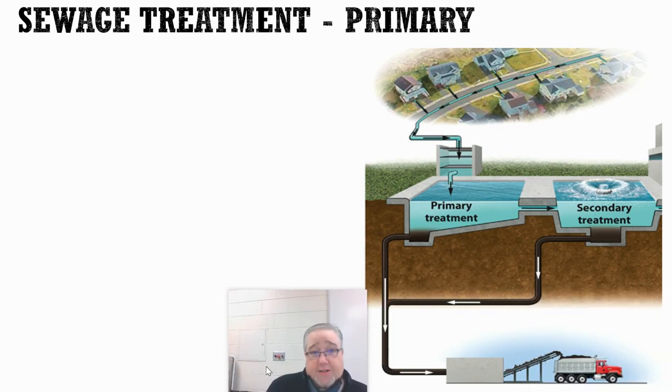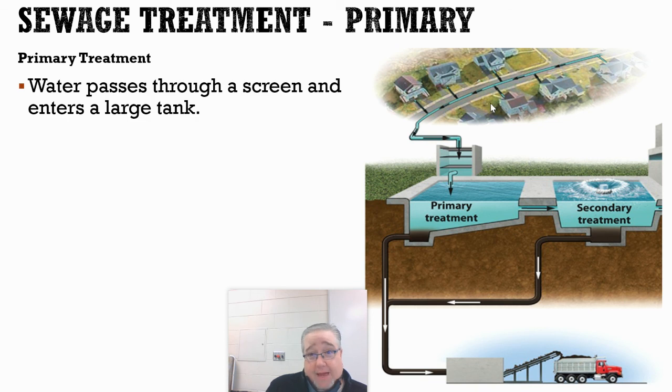This first step is what we call the primary treatment. If you take a look at the picture, it really explains what's going on here. Again, here's the drain pipe leading from the neighborhood. It goes into what we call the primary treatment tank, which is a big tank of water, probably about as big as 7 or 8 swimming pools.